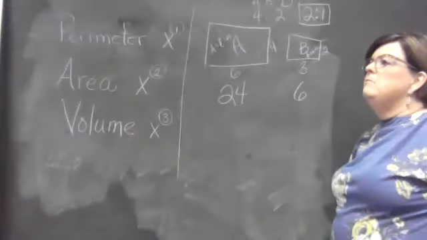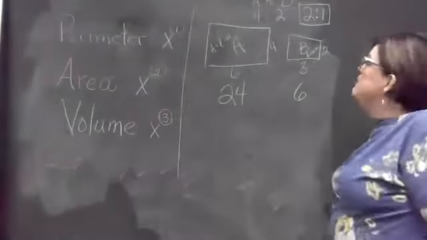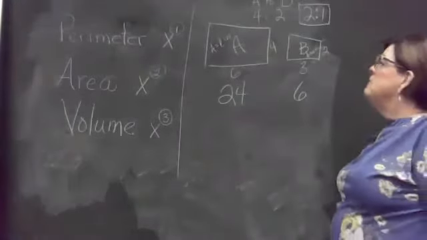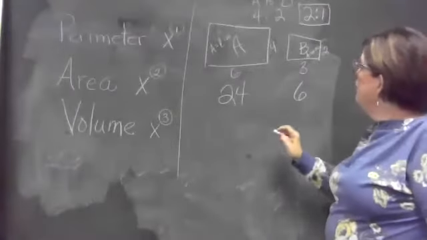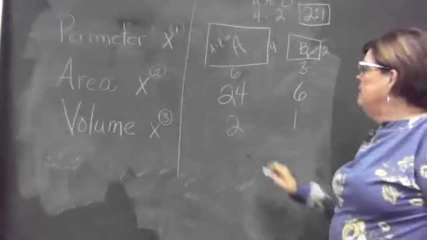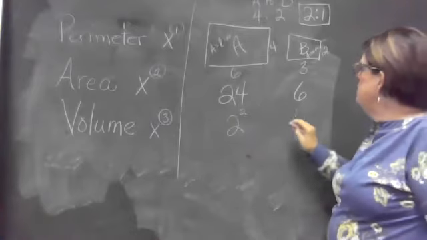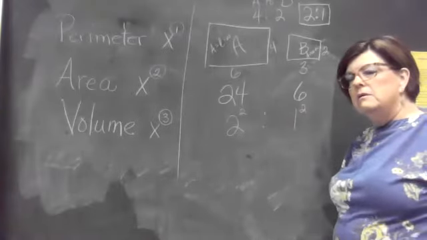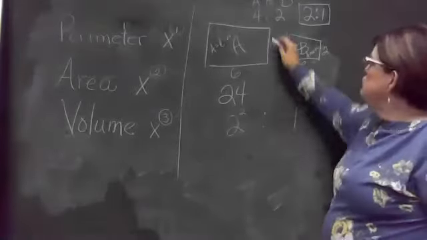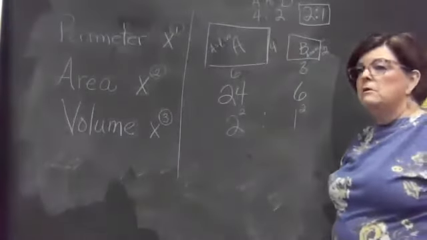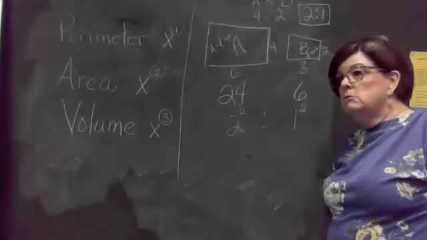So let me see if I'm making myself clear. The scale factor of the areas are not 2 to 1, they're 2 squared to 1 squared because it's area. When we're comparing just a side or just perimeter, that's one dimensional.